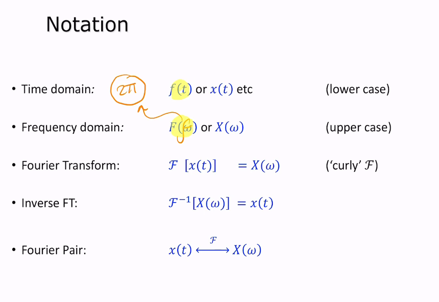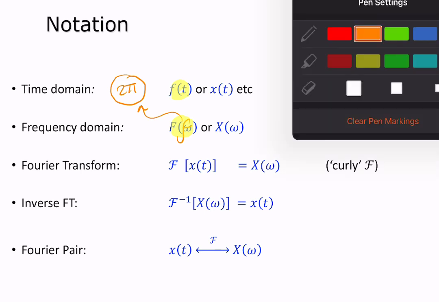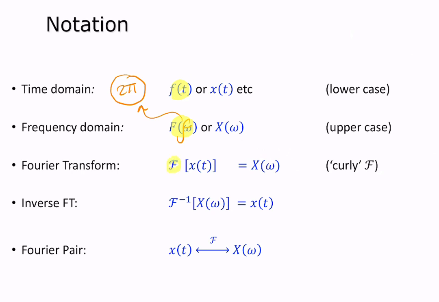Now, another way to symbolize the Fourier transform is to use a curly F with brackets x of t. What that means is the Fourier transform of x of t. So the Fourier transform of x of t is X of omega. And the opposite of that is the inverse Fourier transform of X of omega is x of t.